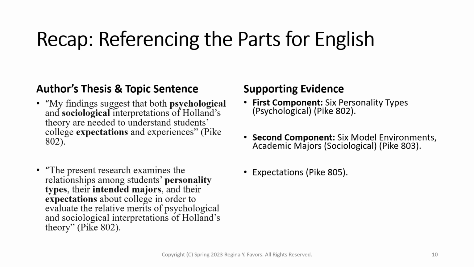So remember, whatever his thesis is, any evidence that we pull from the immediate work has to actually support that main thesis. And then the supporting evidence that we will pull will be from the first component, the second component, and then expectations.